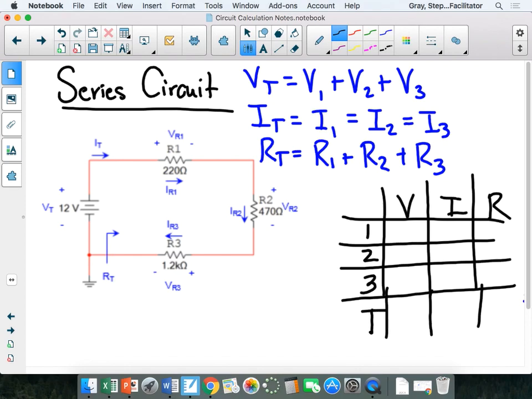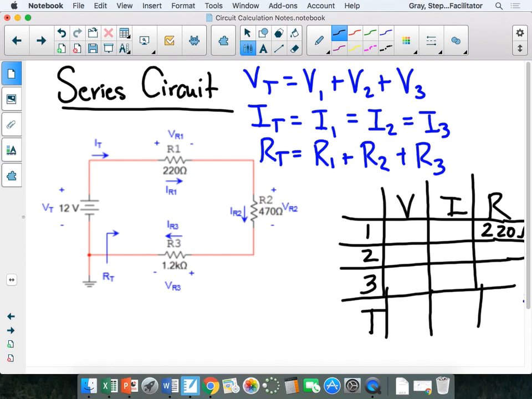Okay. So at 1, we only know that the resistance is 220 ohms. So I'm going to go ahead and put 220 ohms on the number 1 on my chart. Okay.